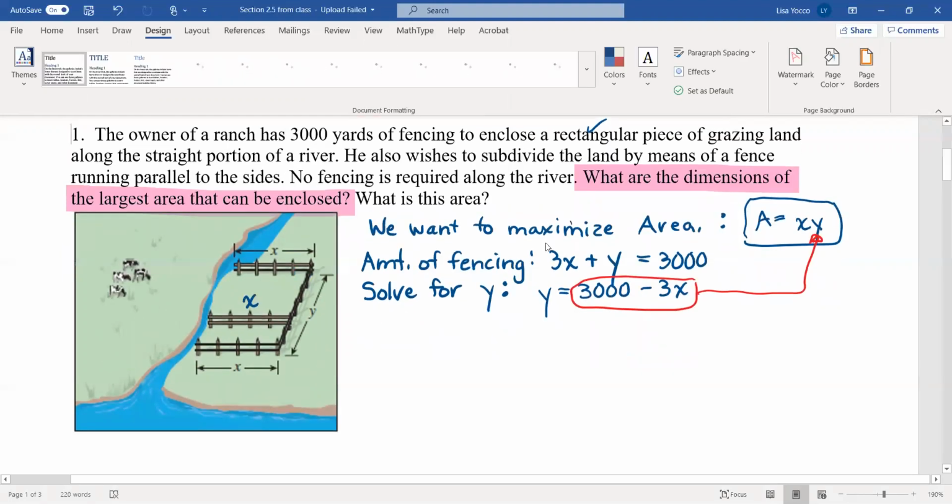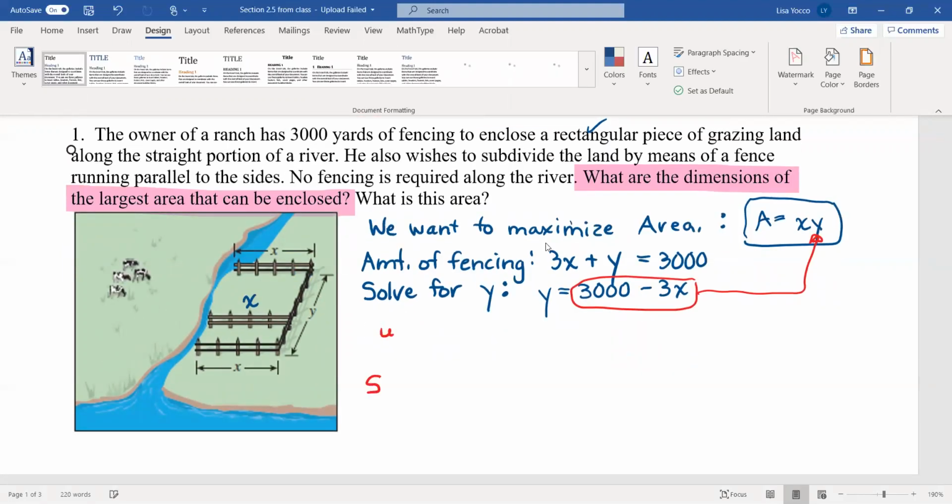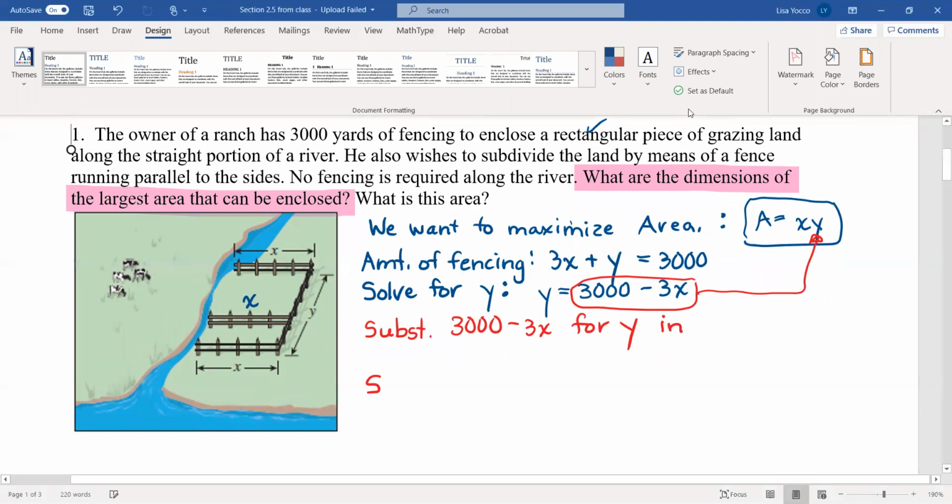Okay, so let me write that. Substitute 3,000 minus 3x for y in the area function. All right.